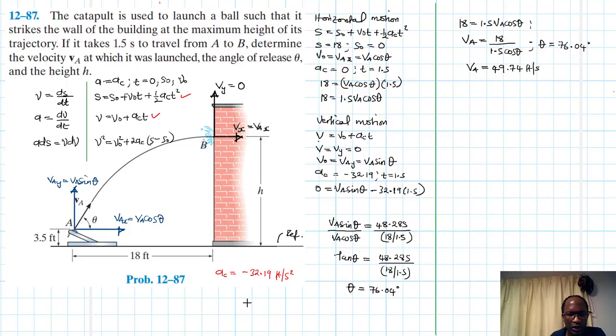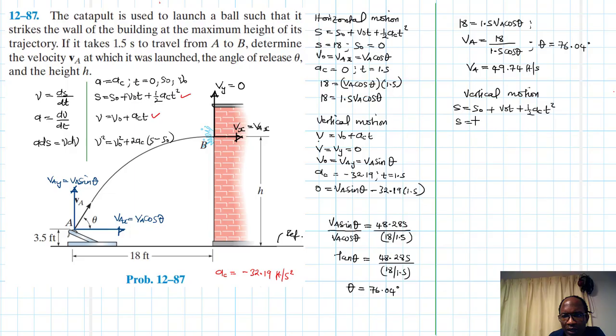Alright, so let's now find H. We're going to use, I think, this equation. We can also use this, but I'll use the other one. So we are using vertical motion, and we have S equal to S naught plus V naught T plus half AC T squared.